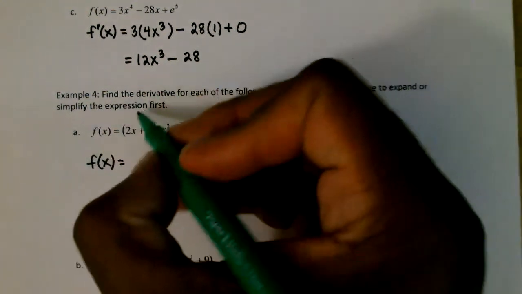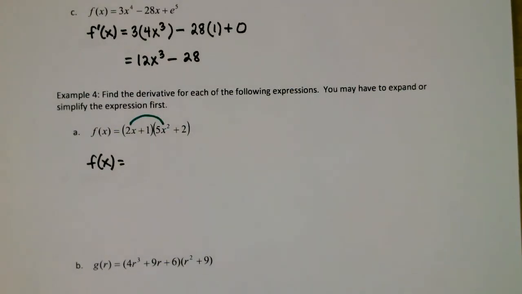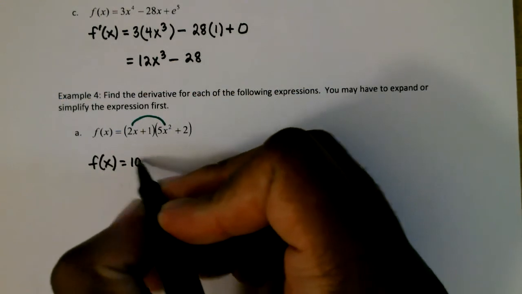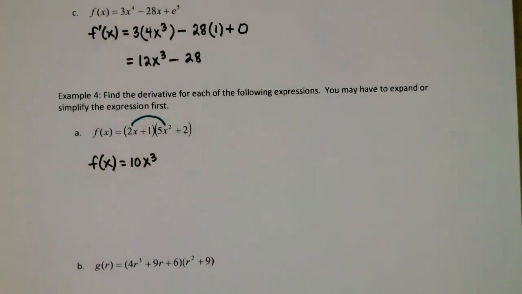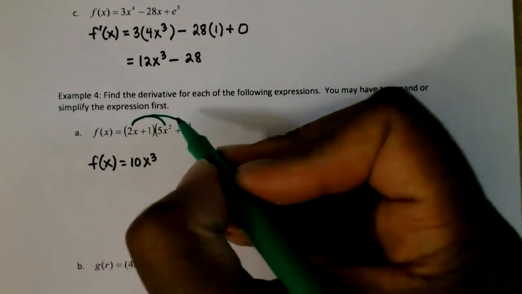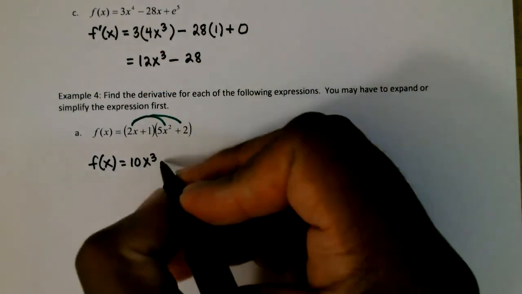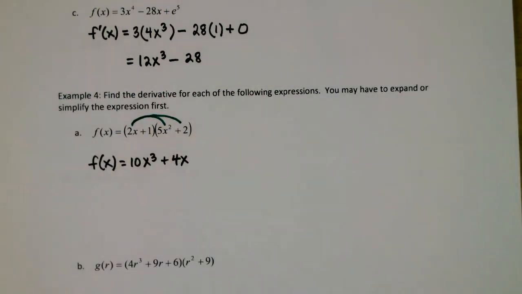All right, so what I'm going to do here is do 2x times 5x squared. That's the first term. 2 times 5 will be 10. x times x squared will be x cubed. And then the outer would be 2x times 2, which will be plus 4x.